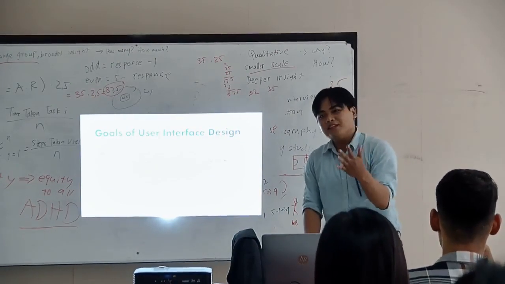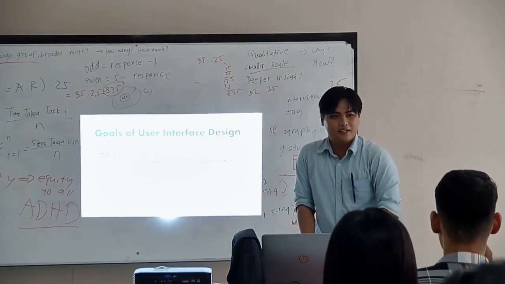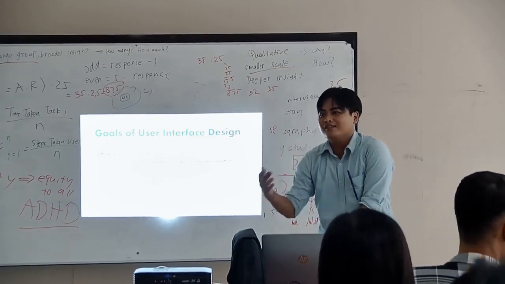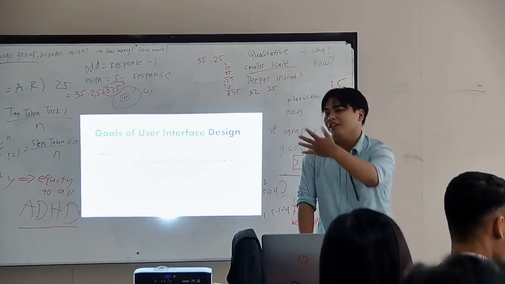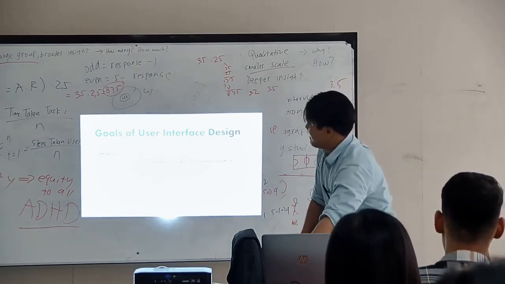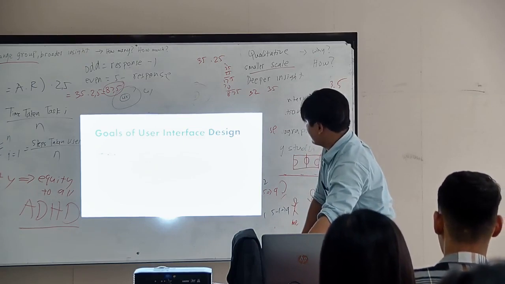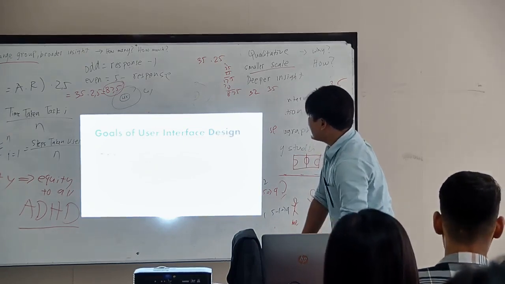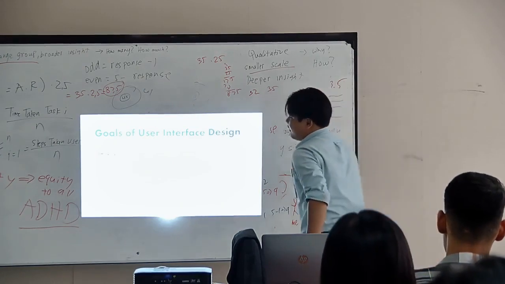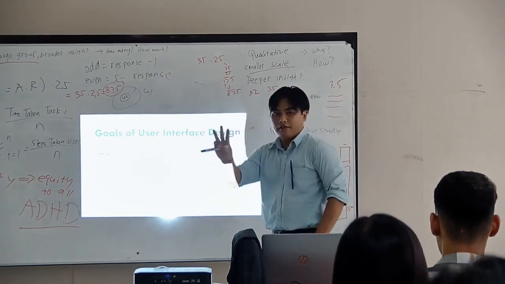The less time you need, the more addicted the user. Actually, the goal of UI design is to make the user addicted to your system. And then how do we measure efficiency? There are many ways. The popular tools are 3 ways.